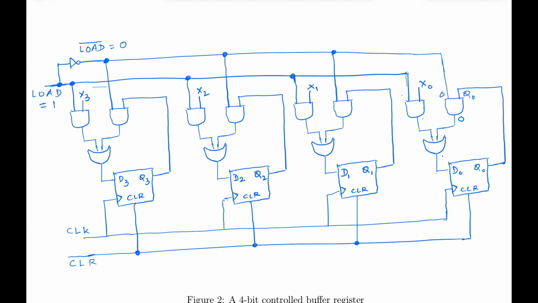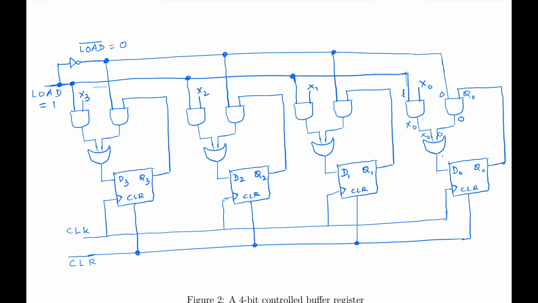What about this input? This is your load, which is 1. So the two inputs of this AND gate are 1 and X naught. So this is active now. Therefore the output of this AND gate is X naught. This X naught is input to the OR gate. This is 0.